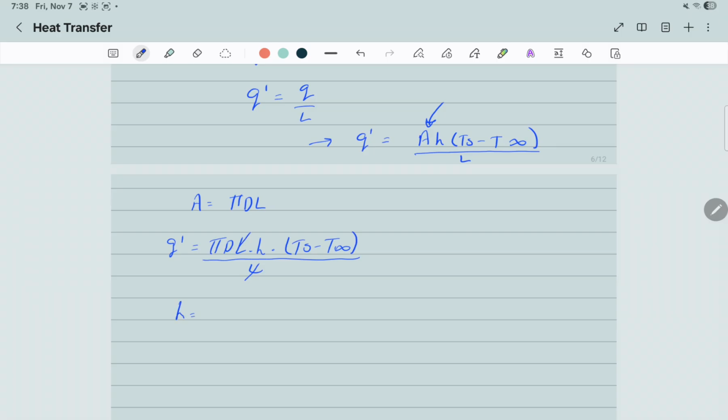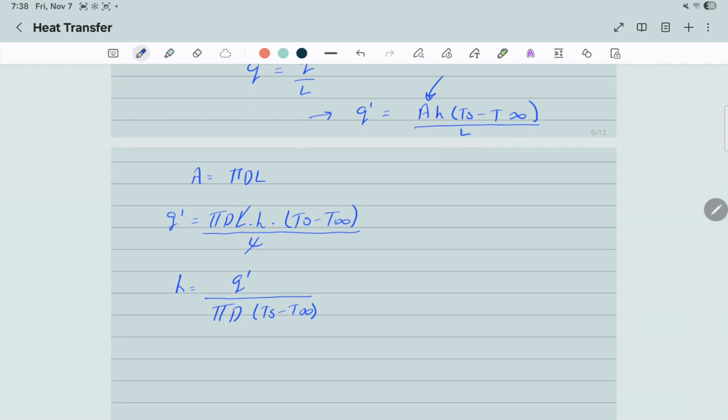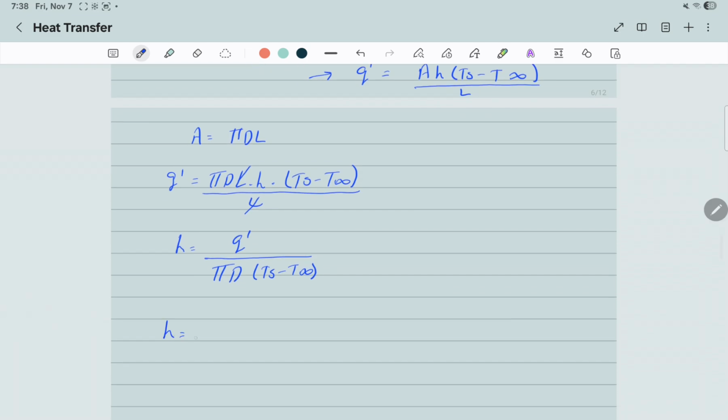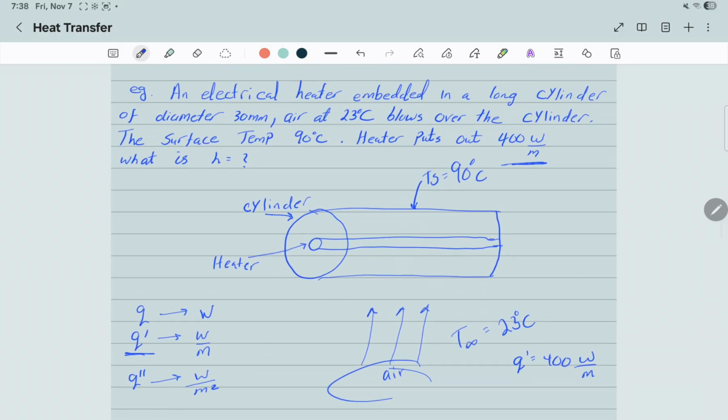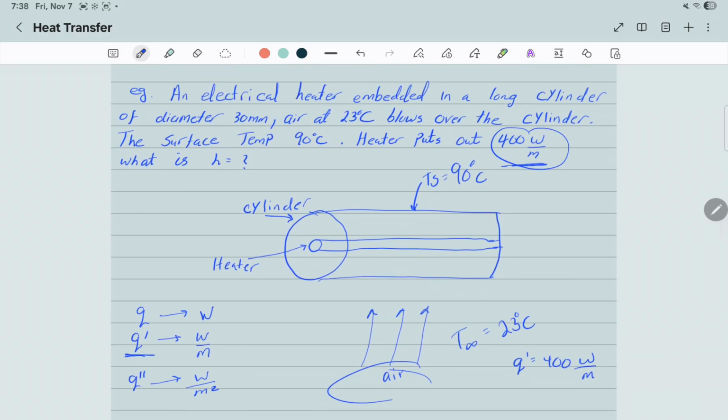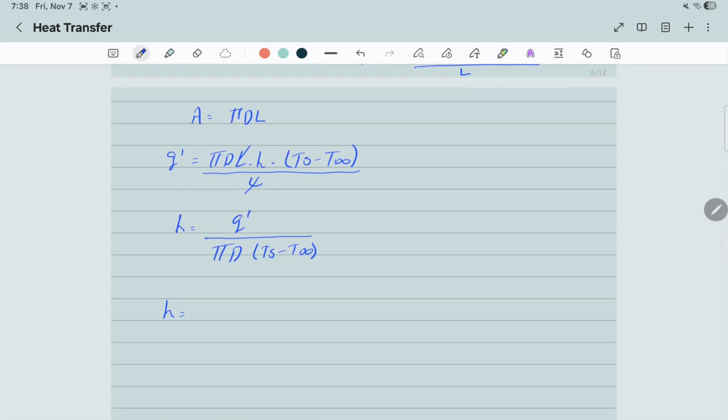Solving for H will equal Q prime divided by pi D times Ts minus T infinity. Now plugging in the numbers. Our Q prime is 400. Our T infinity is 23. T surface is 90. Am I missing anything else?